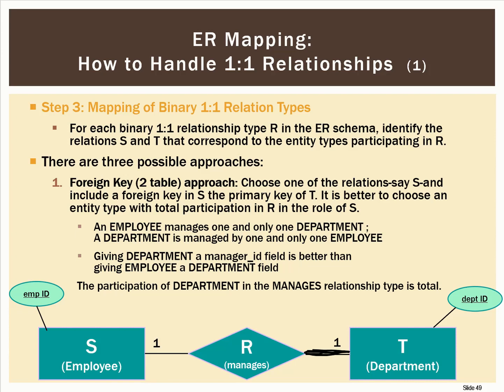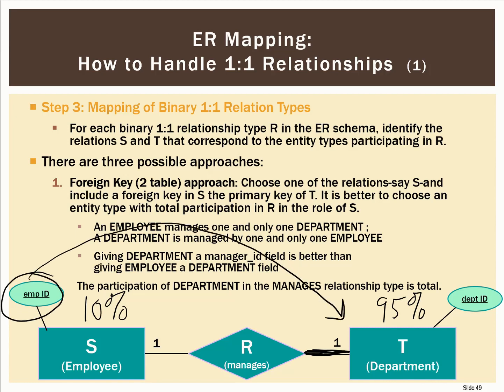So if 95% of departments had an employee manager, but only 10% of employees did in fact manage a department, then it would still be better for us to take the employee ID and put it into the department table.